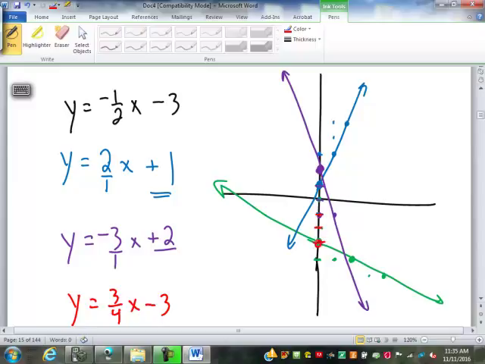Negative 3, good. Down here. Now my slope is 3/4, so from here I'm going to rise 3. 1, 2, 3. And I'm going to run 4. 1, 2, 3, 4. So here's my second point.